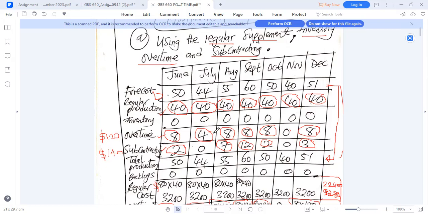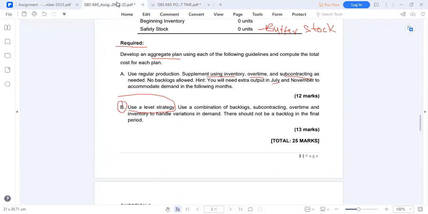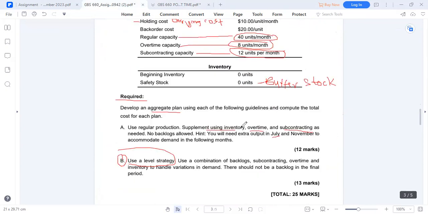So you may need an extra production. If you go back to the question here, you're simply saying you will need extra output in July and November to accommodate demand in the following months. So for upcoming months, it's not mandatory.